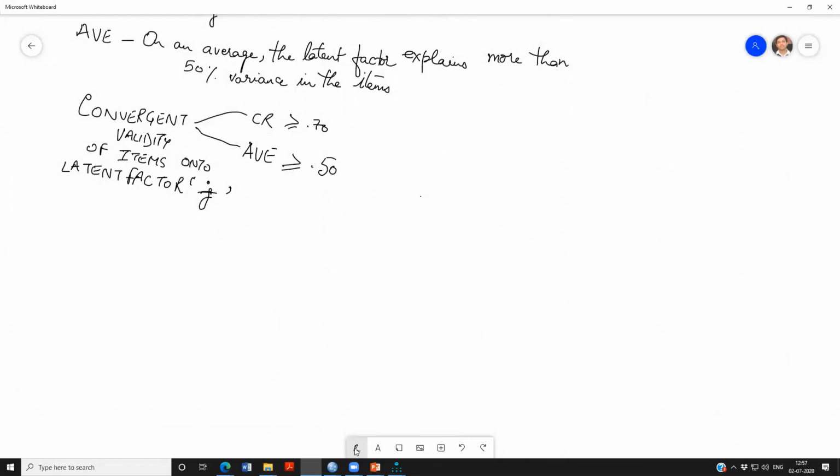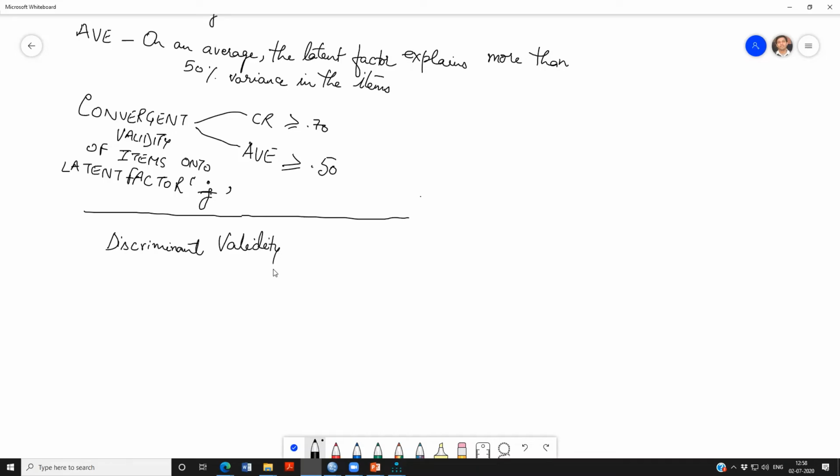Now the second thing that we want to do using the results of CFA is what we call the discriminant validity test. What is the discriminant validity test?